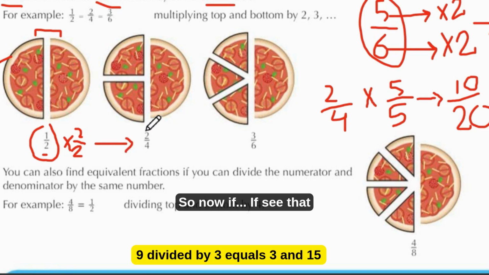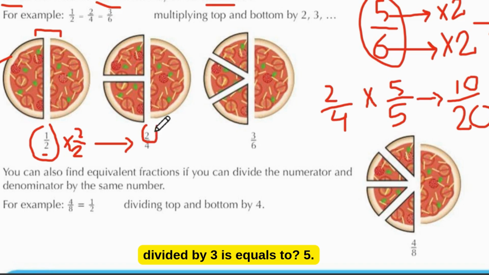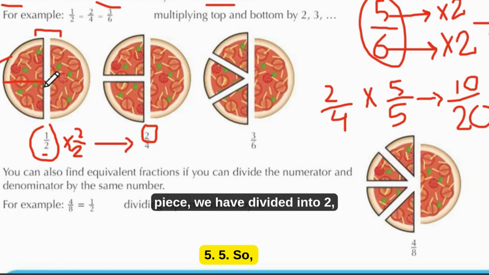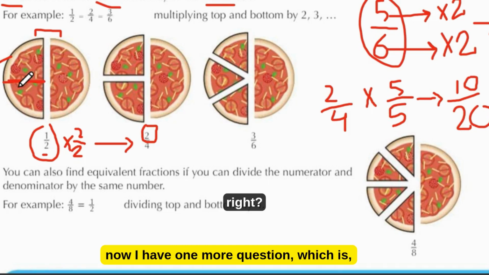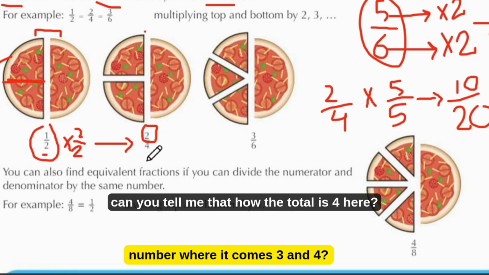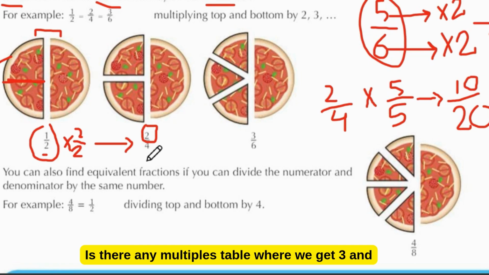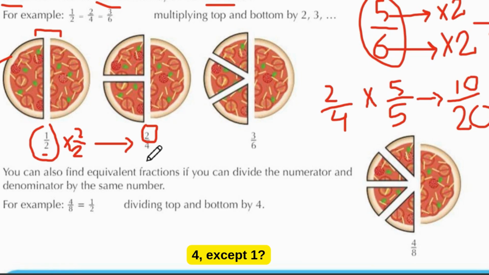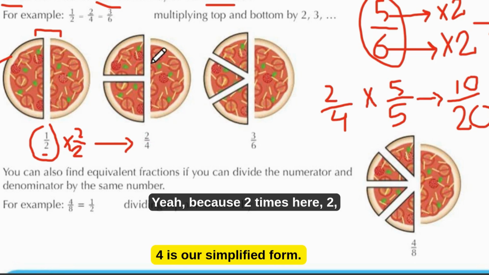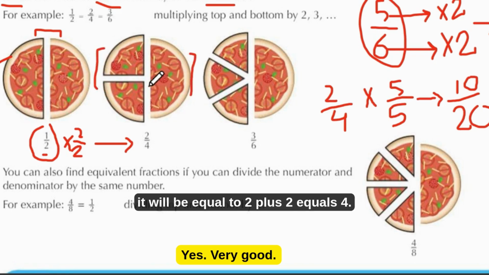So now if you see, we have already divided the pizza into 2, right? That's how we get this one. And can you tell me how the total is 4 here? Because 2 times 2 is 4? Yeah, 2 plus 2 equals 4.